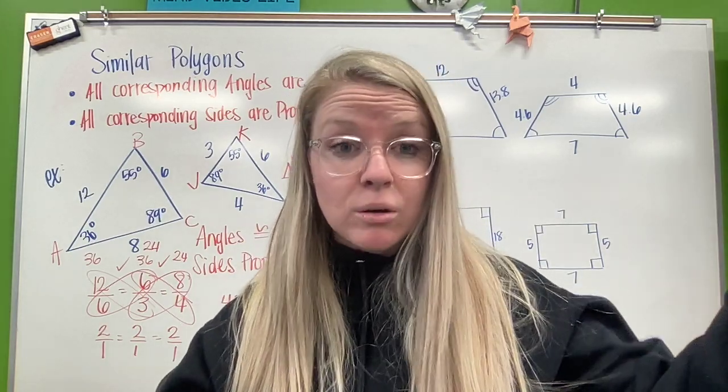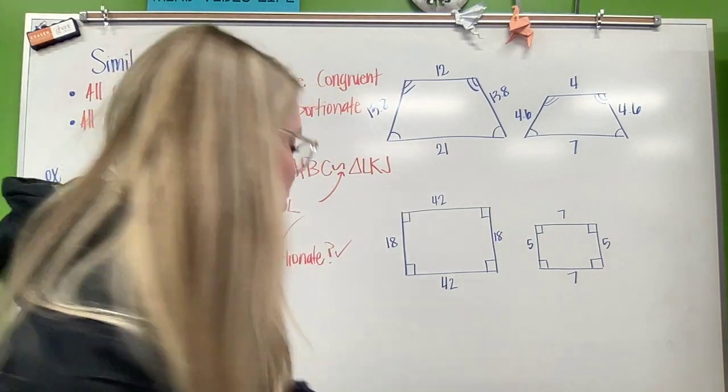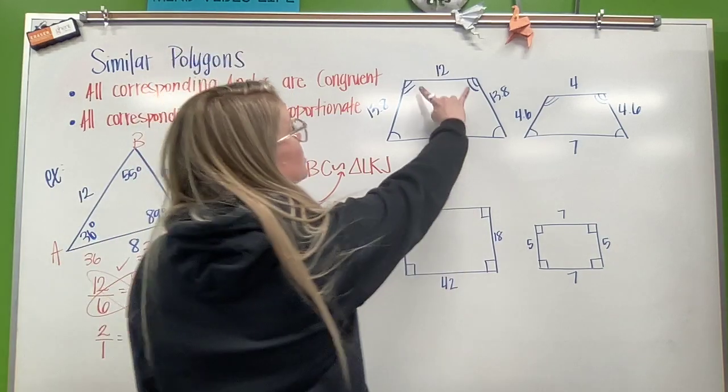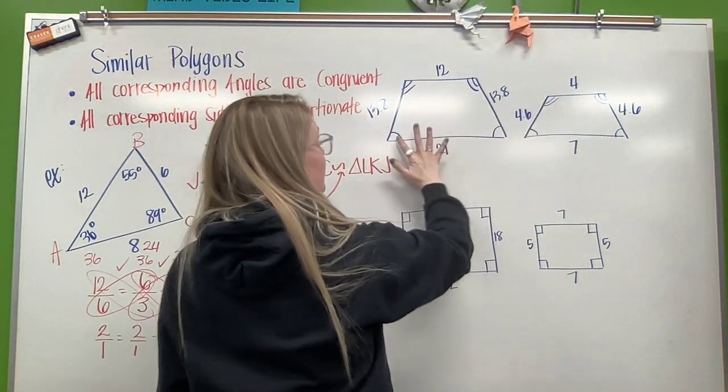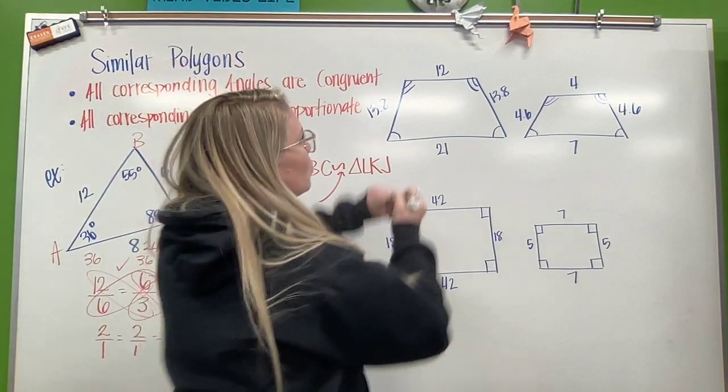Okay, long video for one example. We have two more examples, just checking to see if they are proportionate. The first thing I want to check is, are my angles congruent? Those two are equal to those two, and these two are equal to those two. Check. Then we compare the corresponding sides.